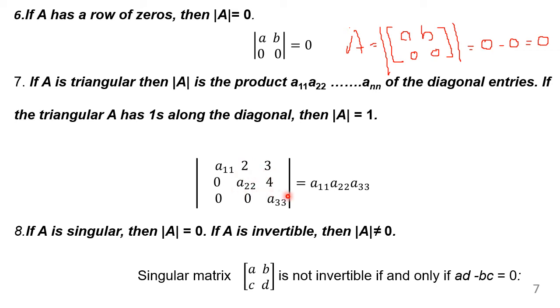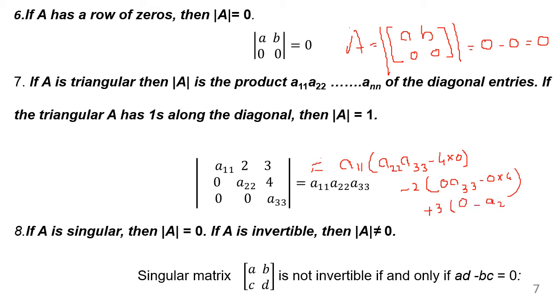So if you look at this, I can write this as a11 multiplied by a22, a33 minus 4 into 0, minus 2 multiplied by 0 into a33 minus 0 into 4, plus 3 into 0 into 0, a22 into 0.